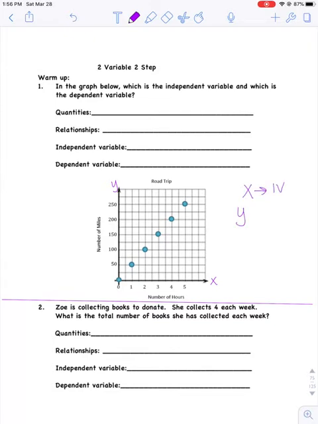X always is the independent variable and y is always the dependent variable. So look at what those axes are labeled and see if that can help us for later. So the quantities would just be my 2 units. If I look at the things I circled, I see hours and miles.